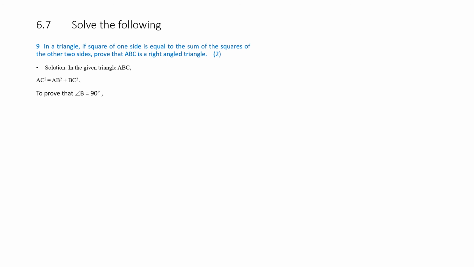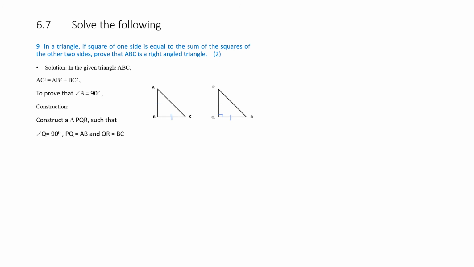AC square is equal to AB square plus BC square. To prove B is equal to 90 degrees. Construction: we have to construct triangle PQR such that PQ is equal to AB and QR is equal to BC.